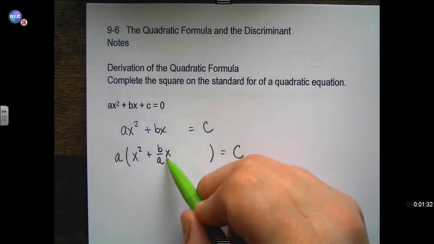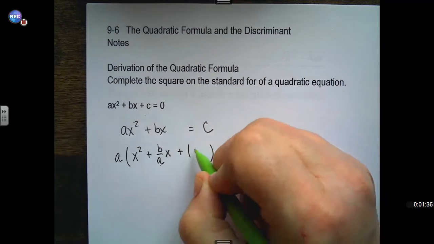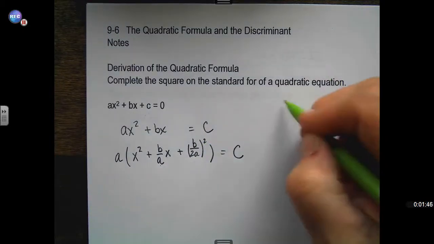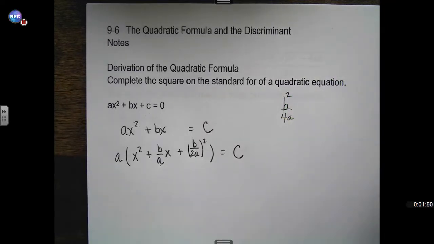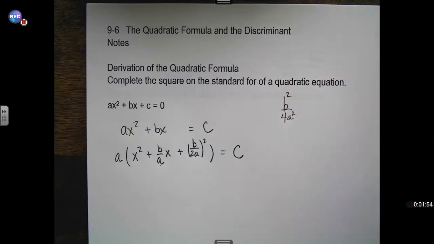And then I'm going to take half the coefficient of the linear term, which is b over 2a, and I'm going to square it. And b over 2a squared is b squared over 4a squared. All right.